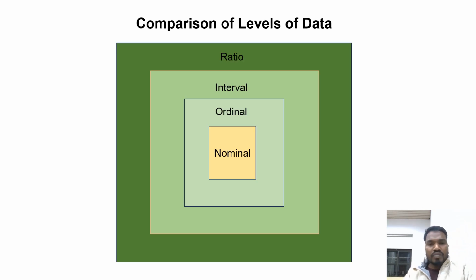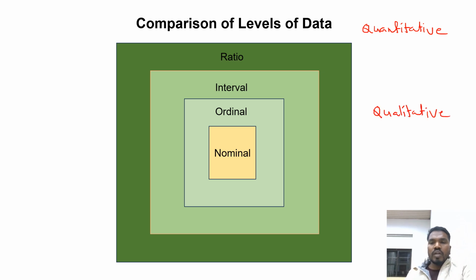Like in session 1, we discussed the levels of data, right? The highest level is ratio and the lowest level is nominal. As I said, if you remember, there are two types of data: one is quantitative, the other one is qualitative.